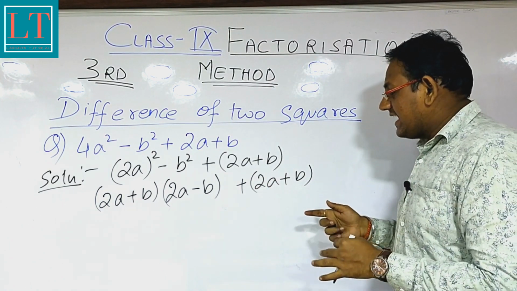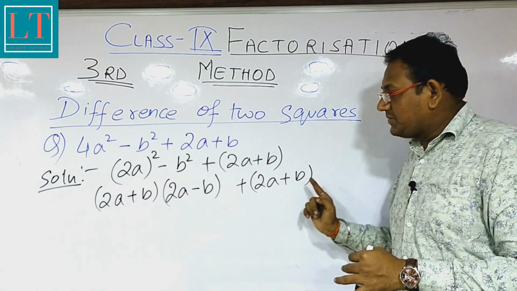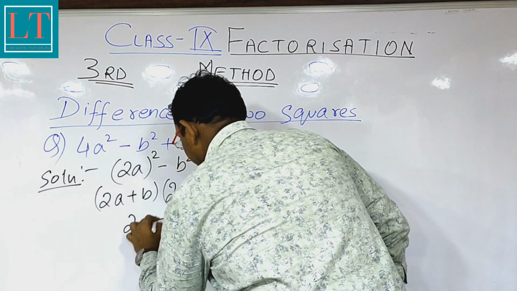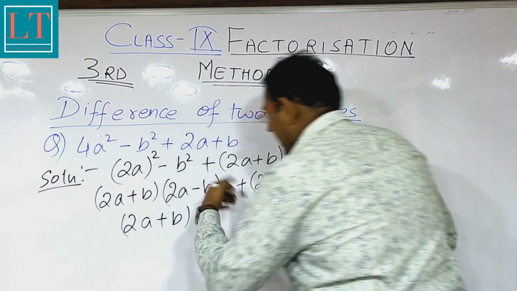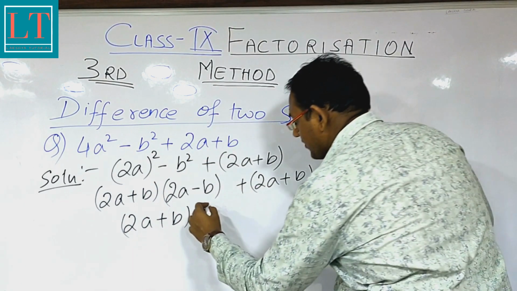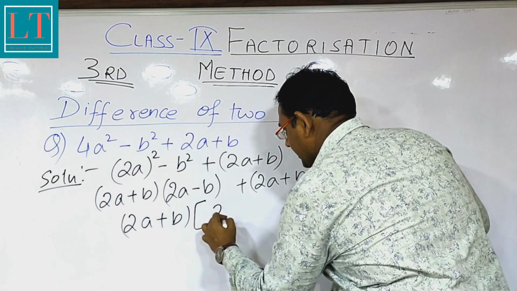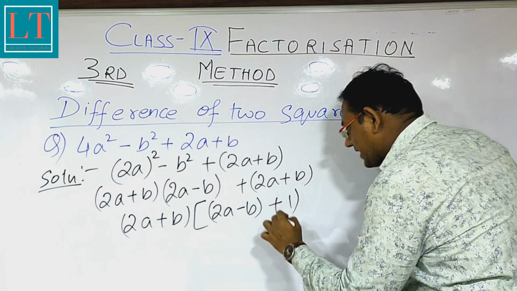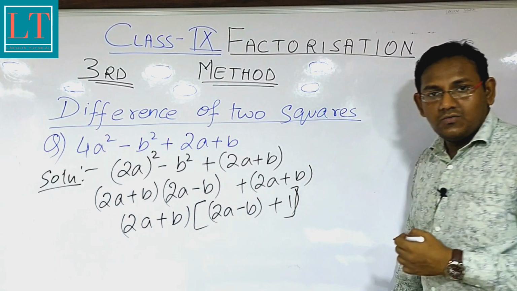The next thing is that we can see that (2a plus b) is common in both the terms. So let us quickly take out common. So we are keeping (2a plus b) outside the bracket, or we are basically taking (2a plus b) common from both the terms. So from the first one we are getting (2a minus b), and from the second one we are getting 1 common over here.